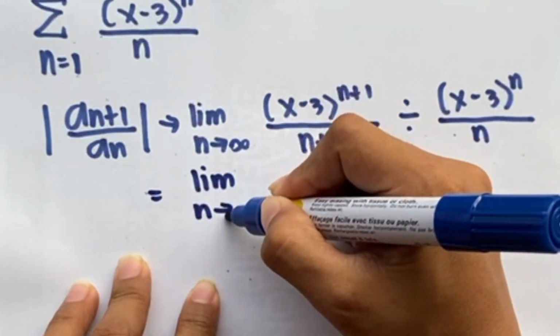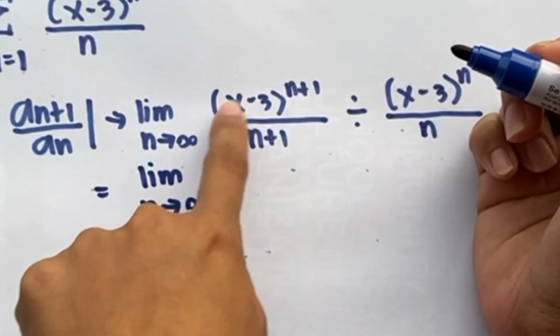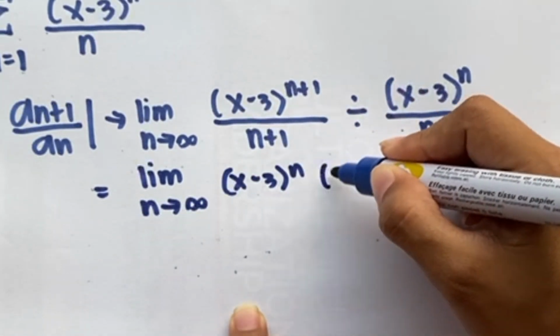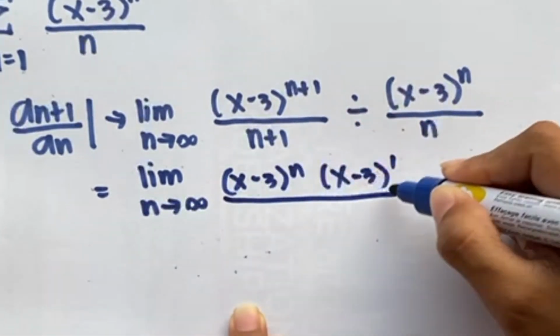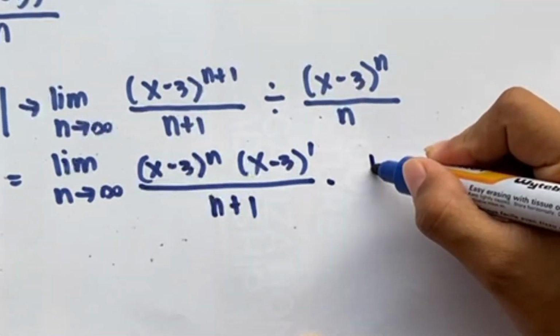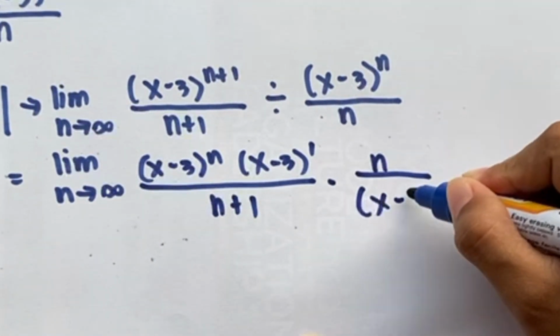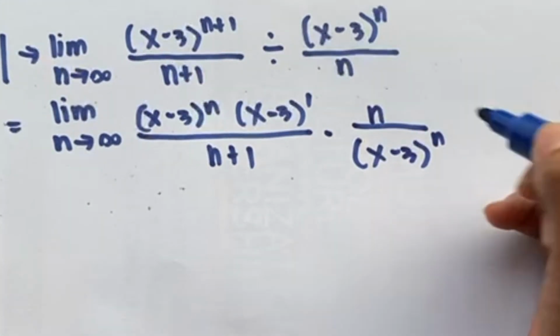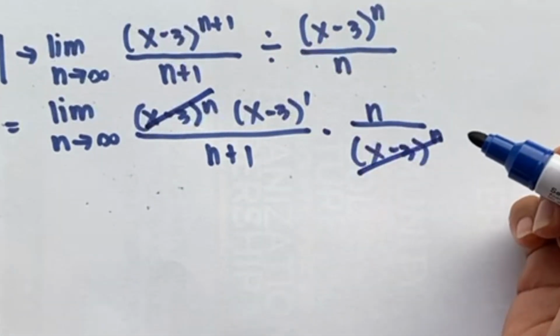Then the next step is we can write x minus 3 to the n plus 1, then x minus 3 to the first power, copy the denominator, then multiply by the reciprocal, n over x minus 3 raised to n. So as you can see, we cancel the x minus 3 raised to n.